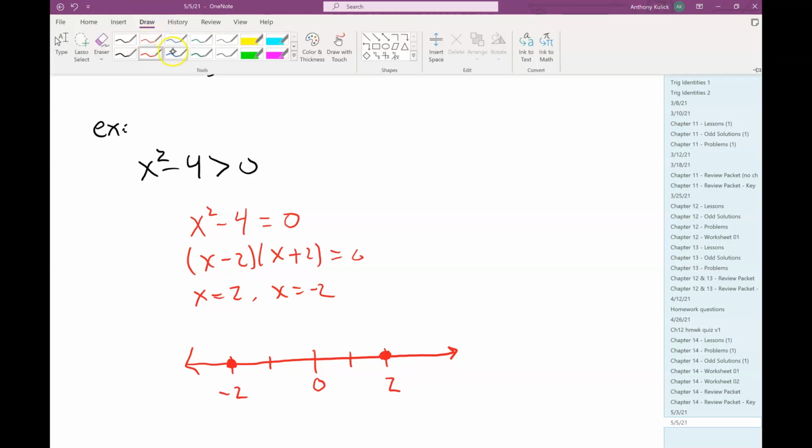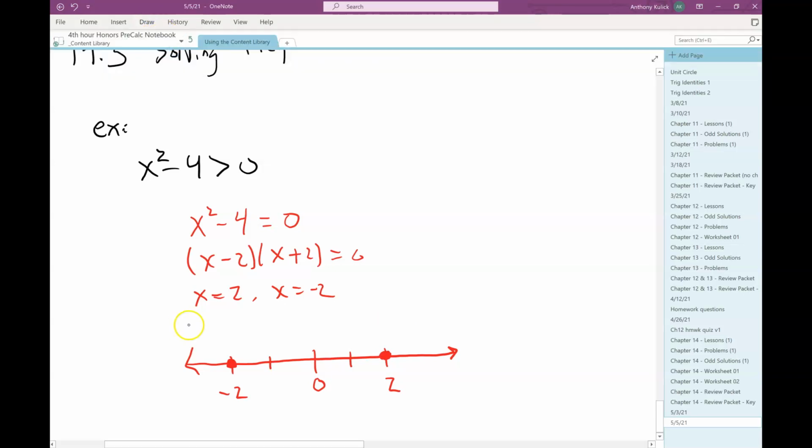So what I need to do then is take a test value from this interval, and this interval, and all I really care about is whether those test values give me a positive or a negative.